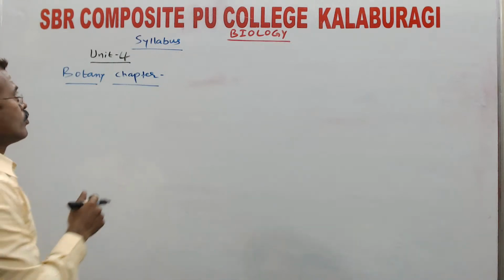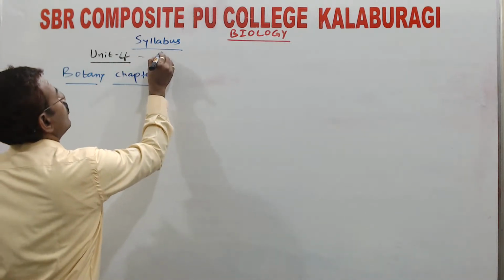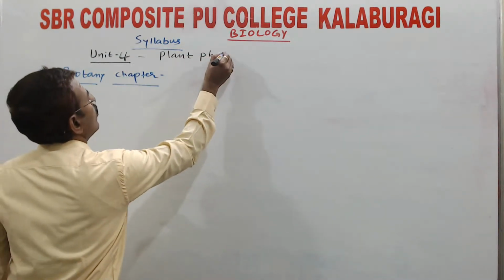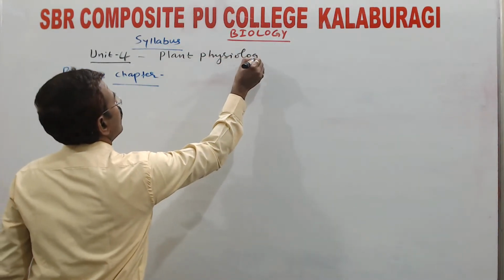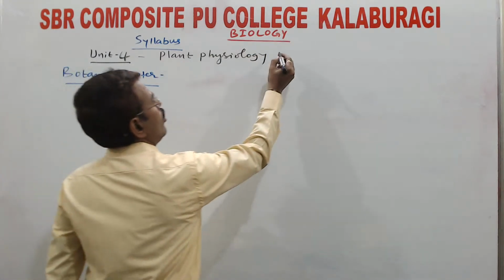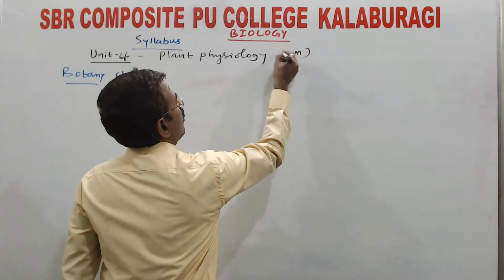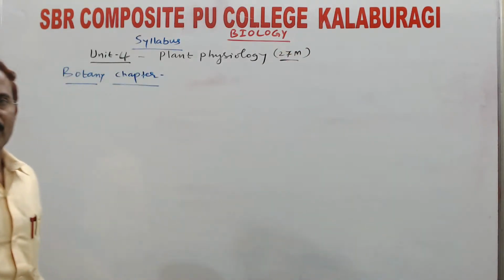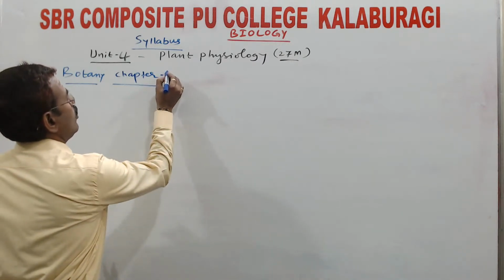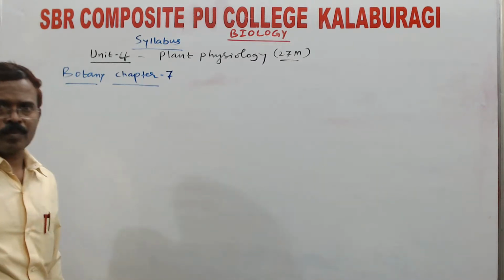Unit 4 we have plant physiology. I said 27 marks from this unit, a big unit, chapter number 7.